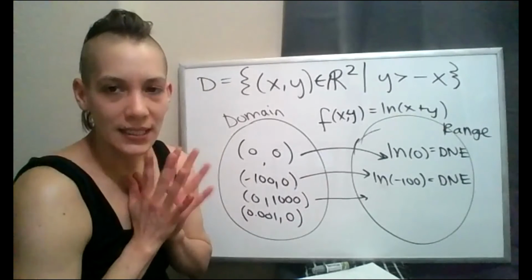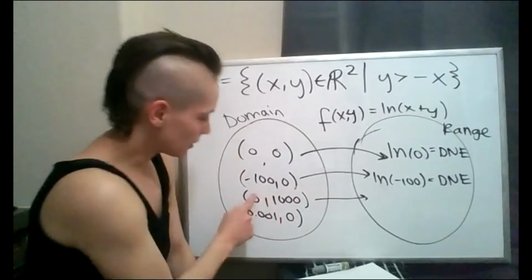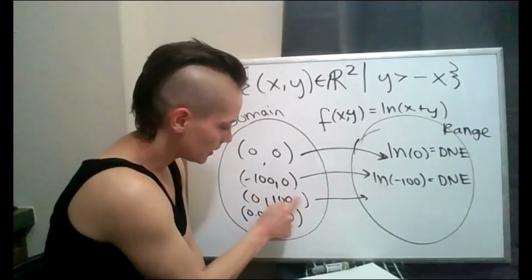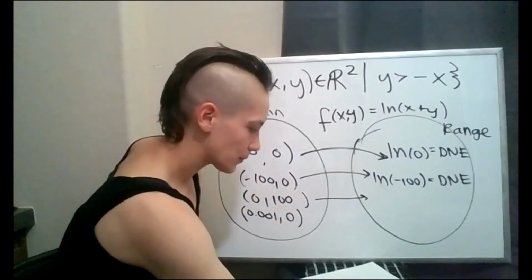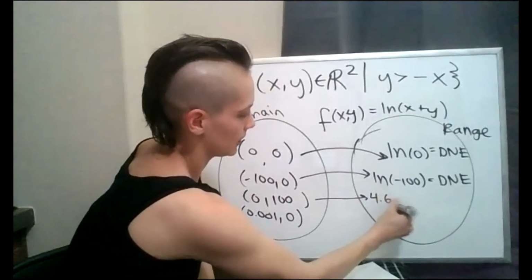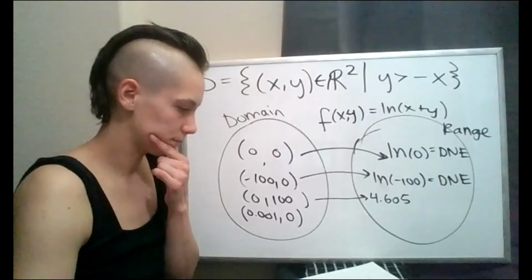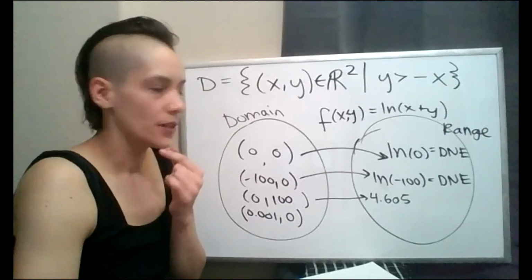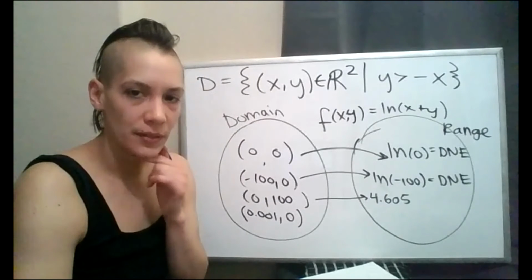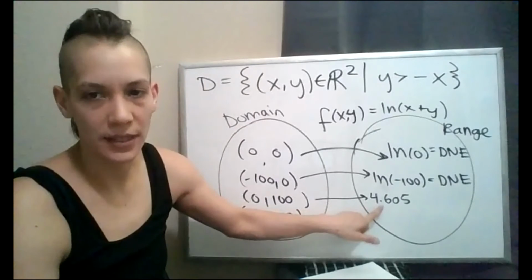Okay, so let's see what we get. What kind of outputs do we get? I put in actually 0, 100. I got out 4.605. So what I'm wondering is if we can have an output of 0 or an output that's a negative number, because I've got this positive number as an output.